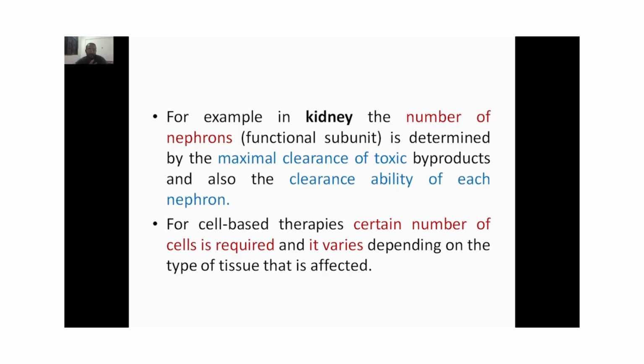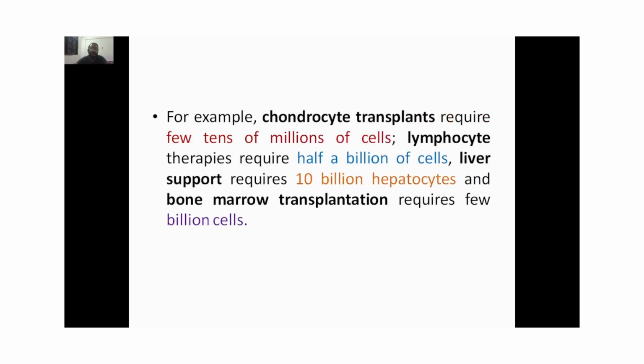It's an indirect approach. For cell based therapies, a certain number of cells is required, and it varies depending on the type of tissue being affected. Here are some examples. Chondrocyte transplants require a few tens of millions of cells.